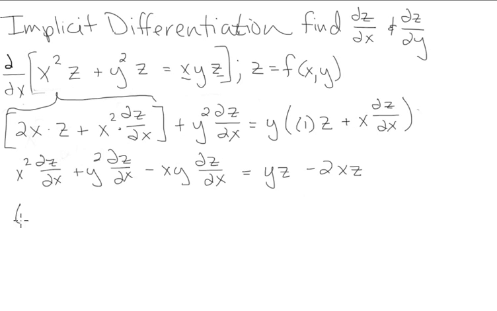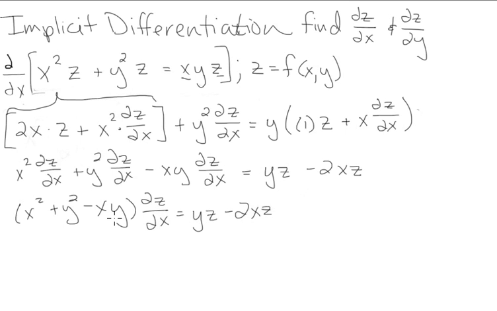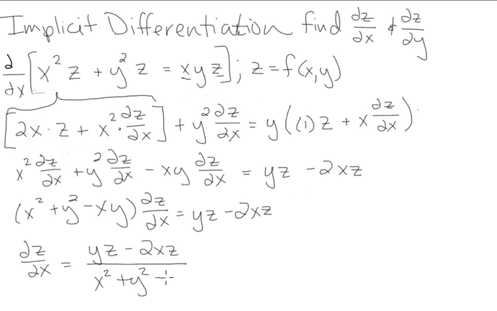I'm going to factor out my dz dx. Don't do anything to the other side, leave it unchanged. And then I'm going to divide through so that I get dz dx by itself. I get yz minus 2xz over x squared plus y squared minus xy. And I'm done.